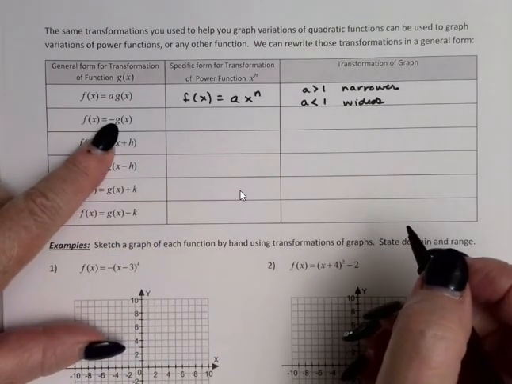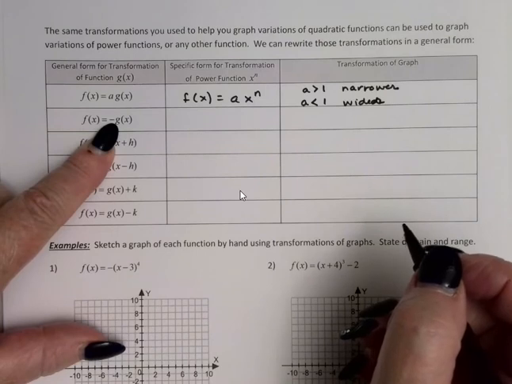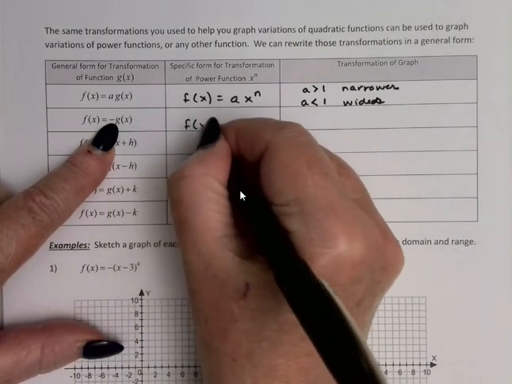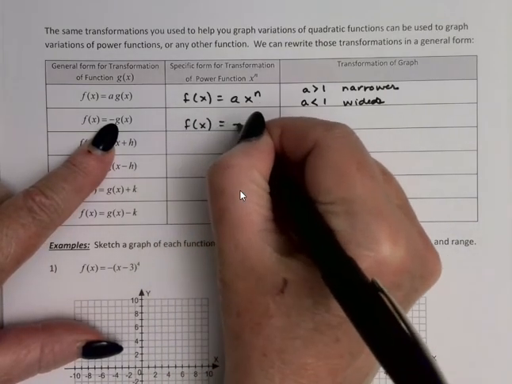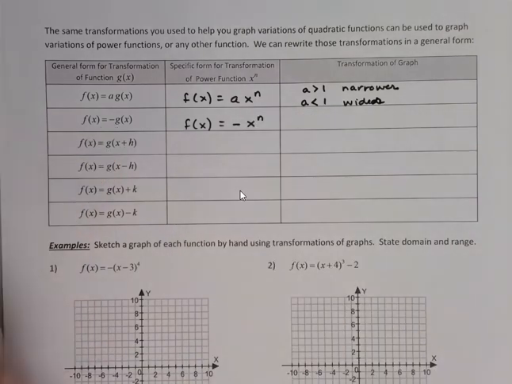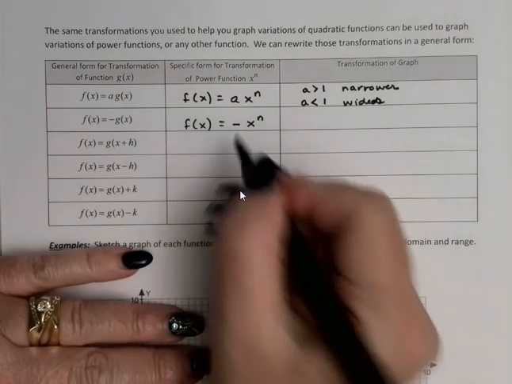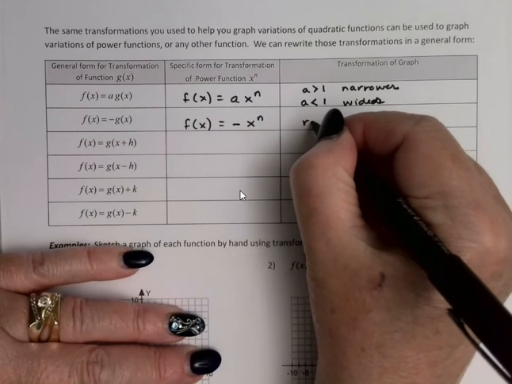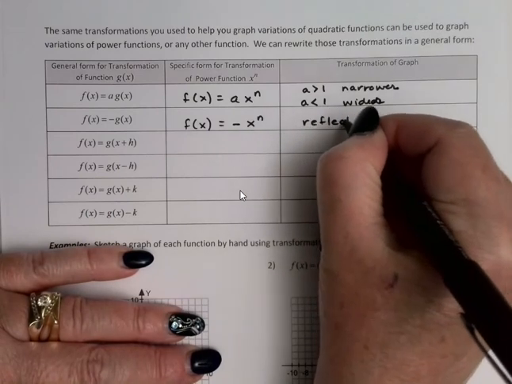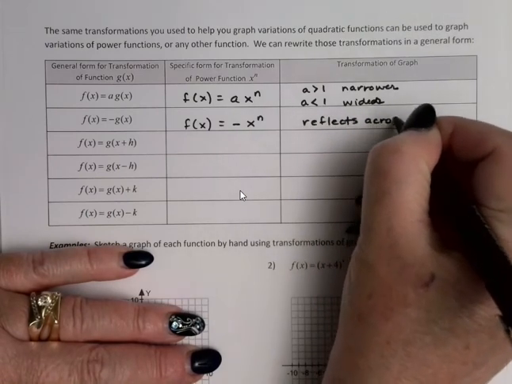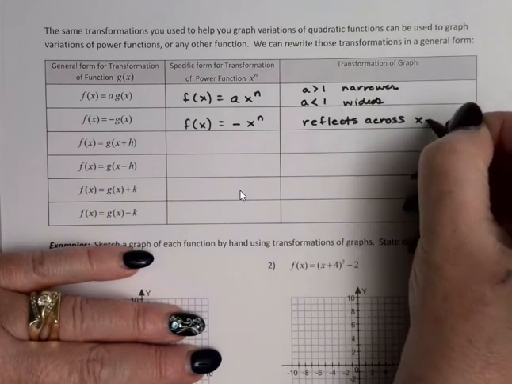What happens if we multiply our function by a negative 1? Specifically for our power function, that would be minus x to the n. You may remember again that that flipped it upside down, or we often say it reflected it across the x-axis.